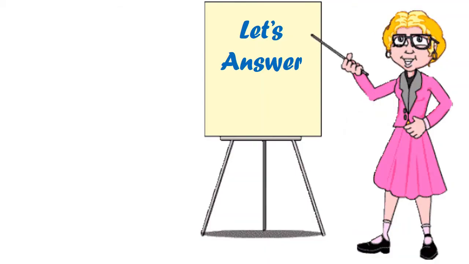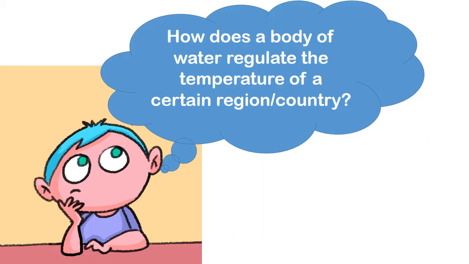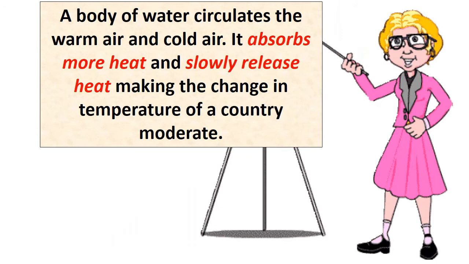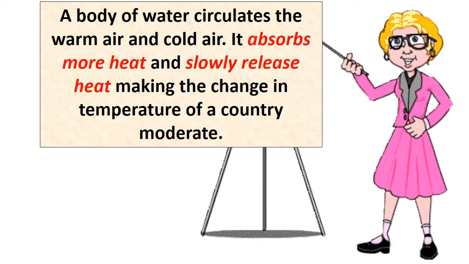After watching the video, let's answer your questions. How does a body of water regulate the temperature of a certain country or region? A body of water circulates the warm air and cold air. It absorbs more heat and slowly releases heat, making the change in temperature of a country moderate.